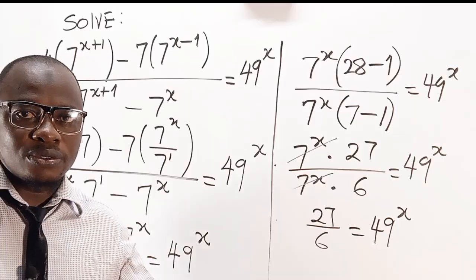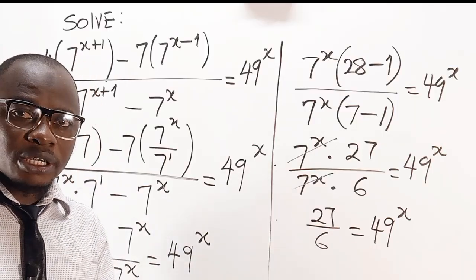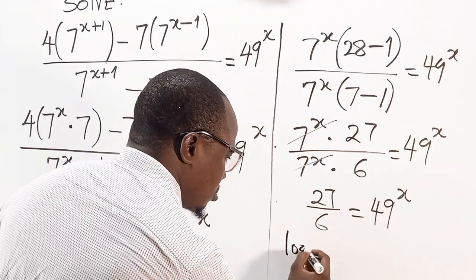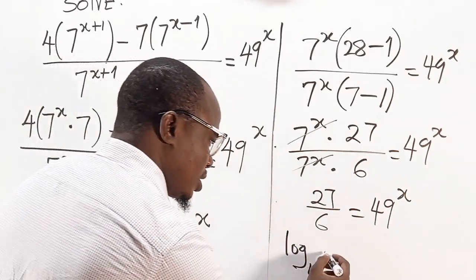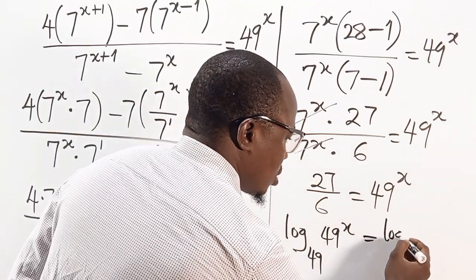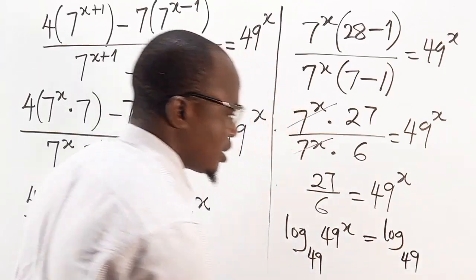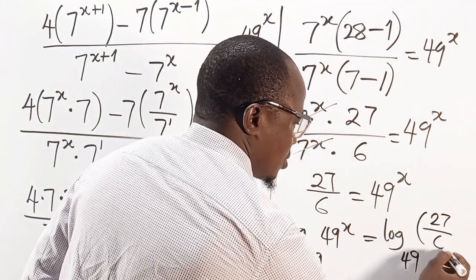Now from here, what do we do? We try to introduce logarithm. That is logarithm with base 49, then 49 to the power of x will be equal to logarithm with base 49, then 27 over 6.